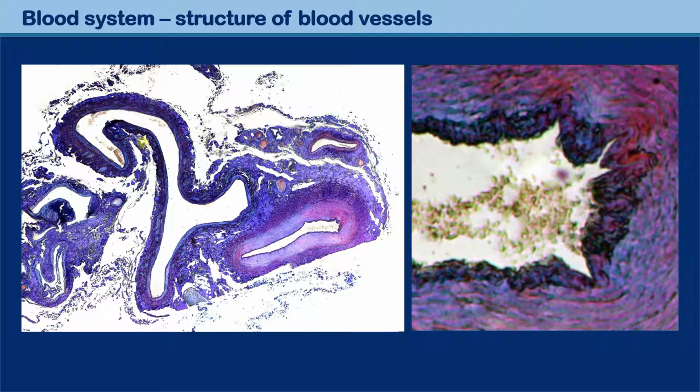But it extends basically out of your screen towards you, and you're looking basically directly into it. The artery over here can be found here, and you can see that the wall is relatively thick. And the lumen, compared to the size of the wall, is also much smaller.